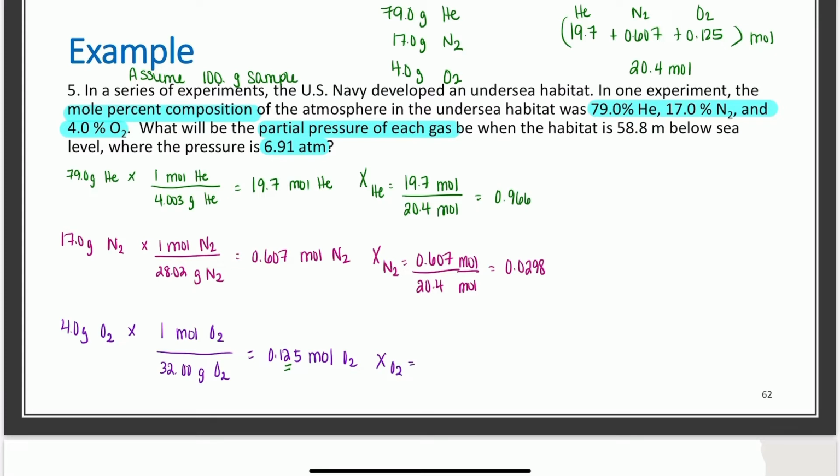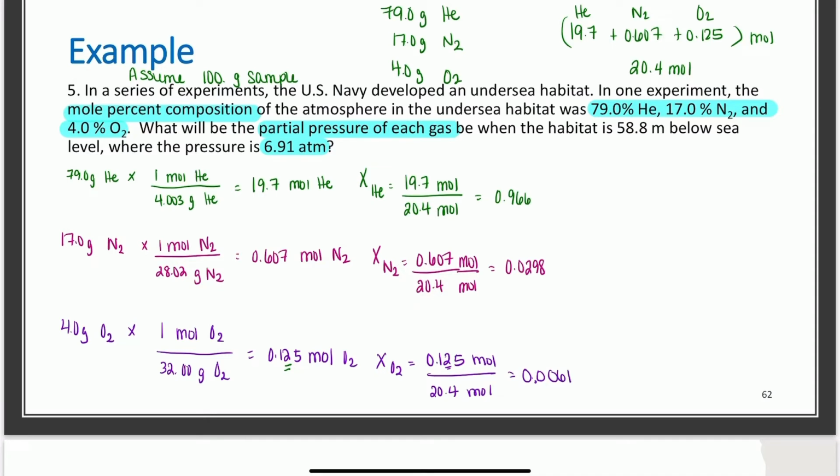And my mole fraction of O2, 0.125. There should be two sig figs there, though. Divided by 20.4 moles. 0.125 divided by 20.4. Again, I don't care if you don't give me the right sig figs when you're doing the calculation, but you better have the right sig figs by the end. That's what's really important. I just don't want to round because I don't want to create round-off error. 0.061.